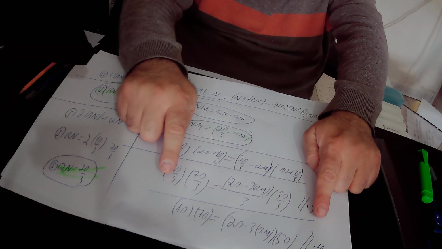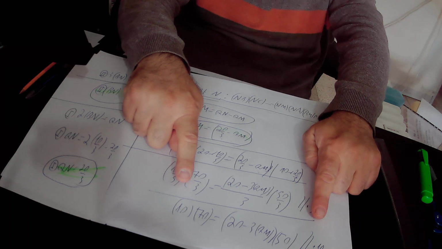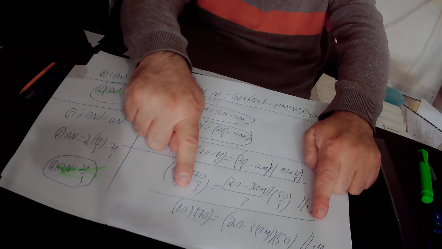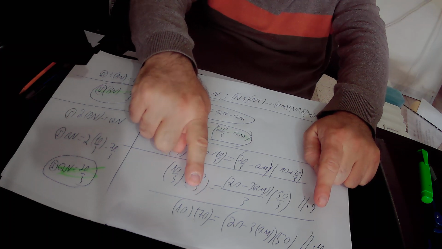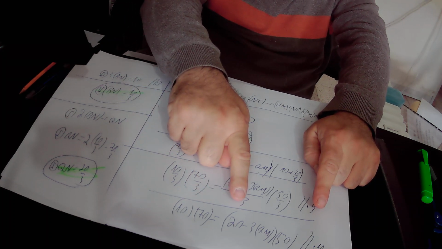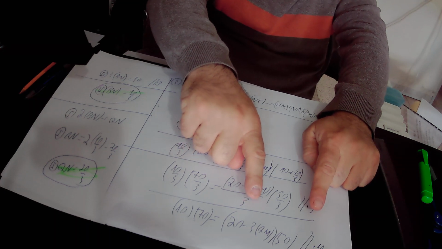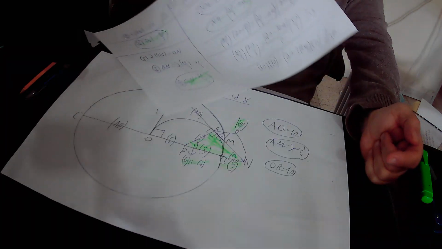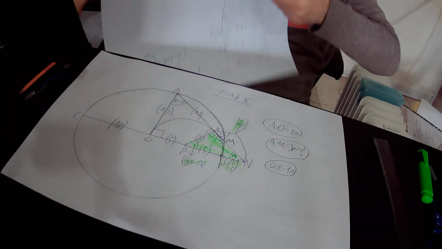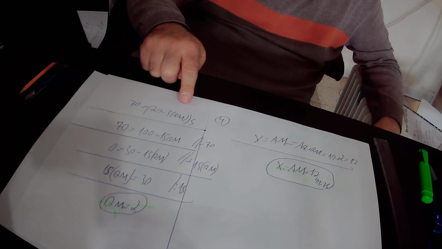Here we divided the equation by 10. 10 over 10 is 1, so on this side we leave 70, and here we have 20 minus 3 QM times 50. 50 over 10 is 5. So 70 equals 20 minus 3 QM times 5.